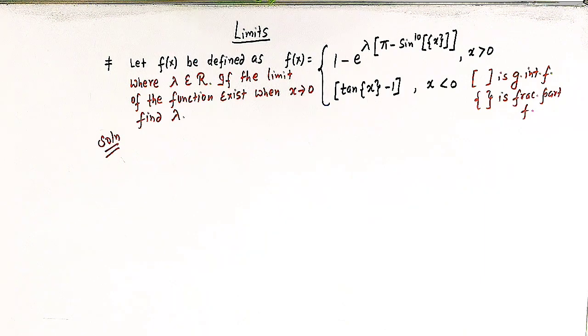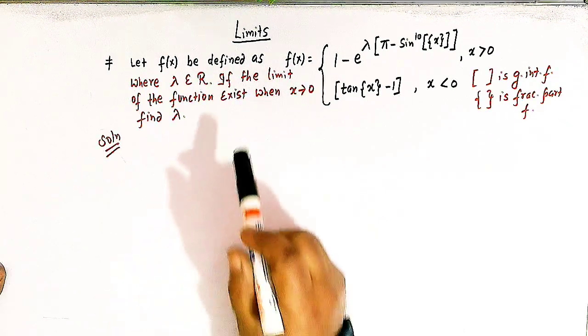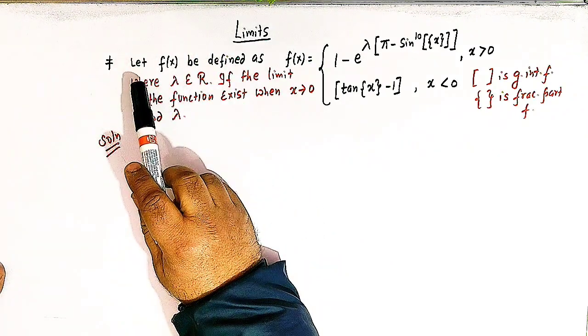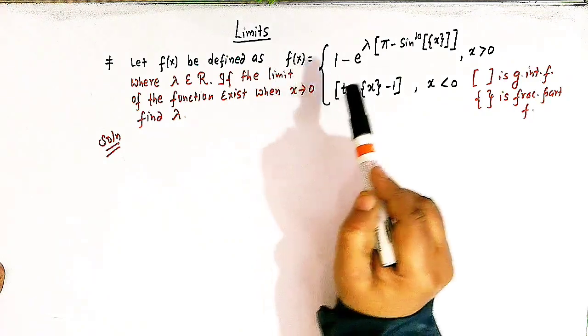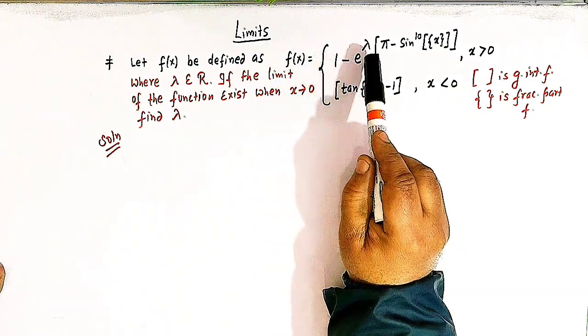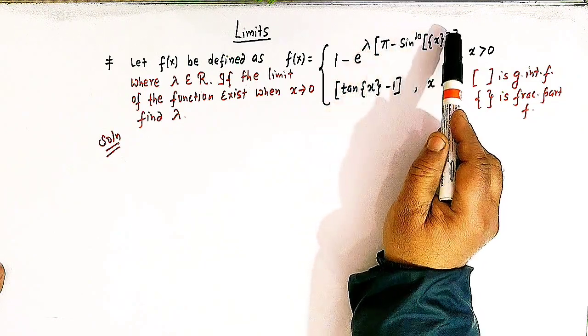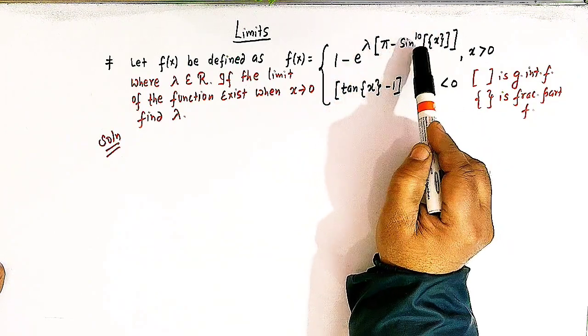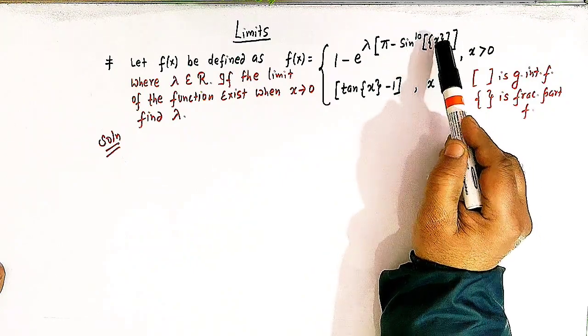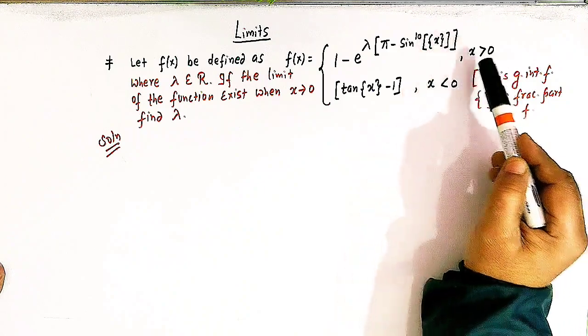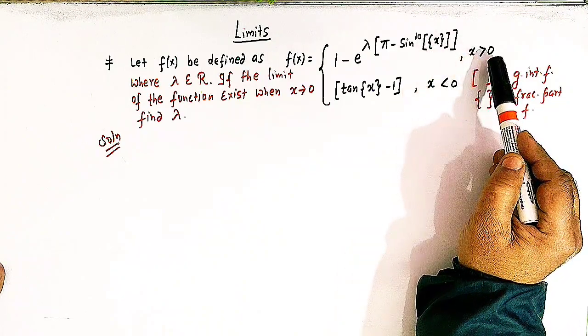Hello viewers, in today's session we are going to discuss a very important and conceptual problem from limits, right? And here we have this problem in which we are given a function f of x which is defined as 1 minus e raised to lambda times the greatest integer of (pi minus sine) raised to 10, and here we have the greatest integer of the fractional part of x, for all x greater than 0, right?